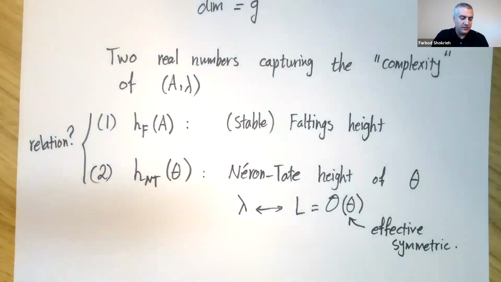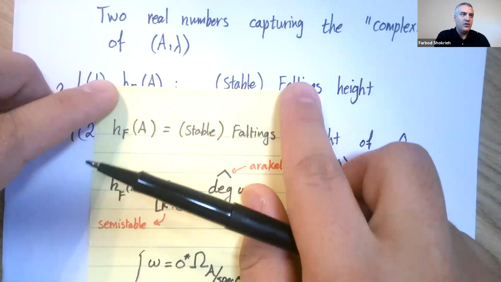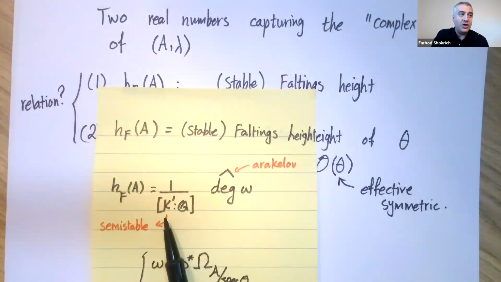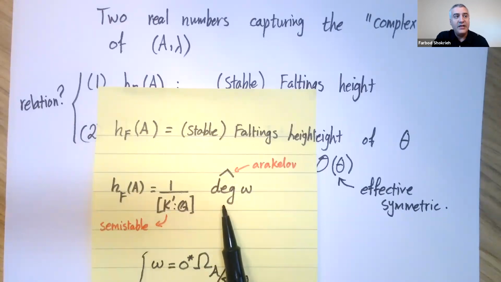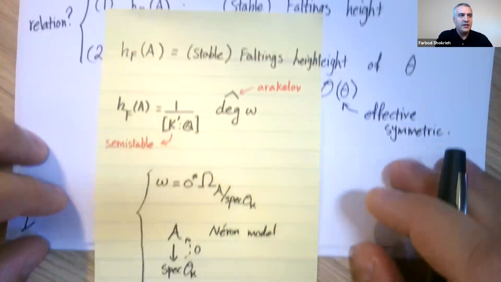I've prepared some notes. So you first base change to a large enough field that you will have a semi-stable reduction. This can be done. And then you look at the degree of some line bundle. This degree in the number field situation should be replaced with Arakelov degree. And what is this line bundle?